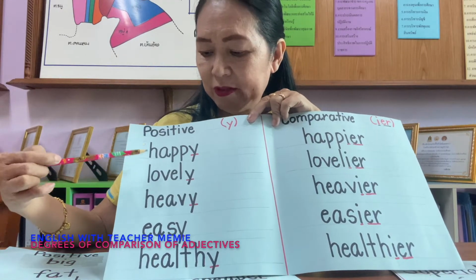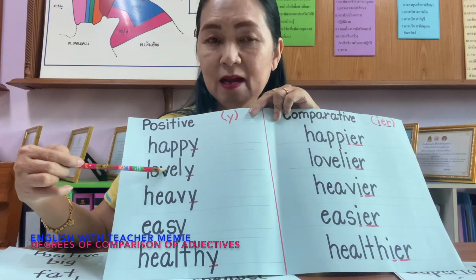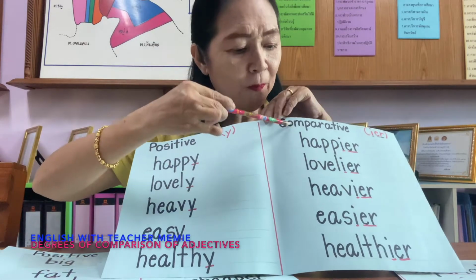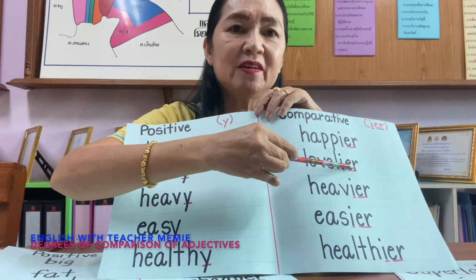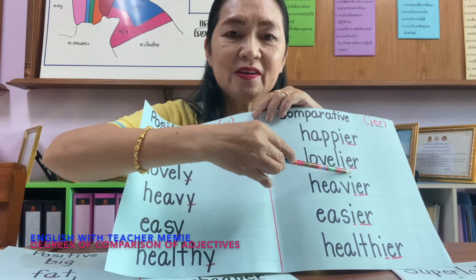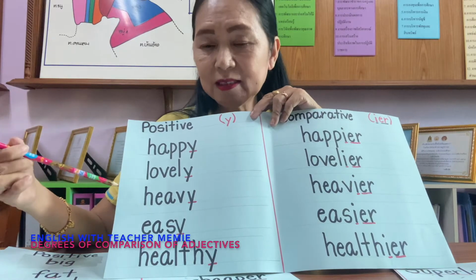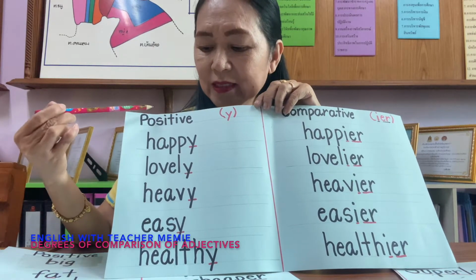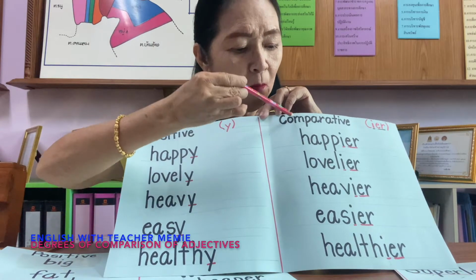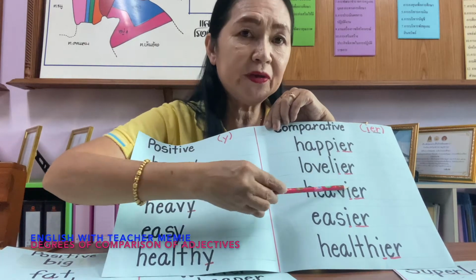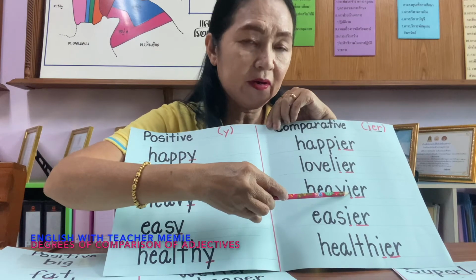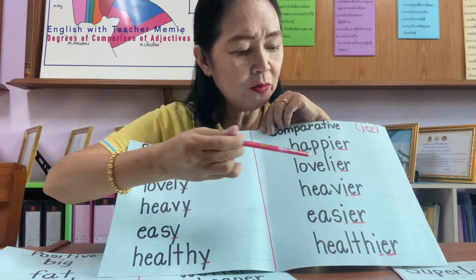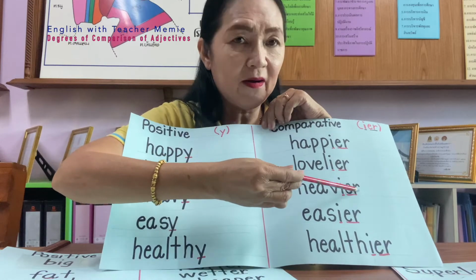Next word, lovely. In positive, lovely. In comparative, lovelier. Next, heavy. In positive, heavy. In comparative, heavier. Change Y to I, then add ER.